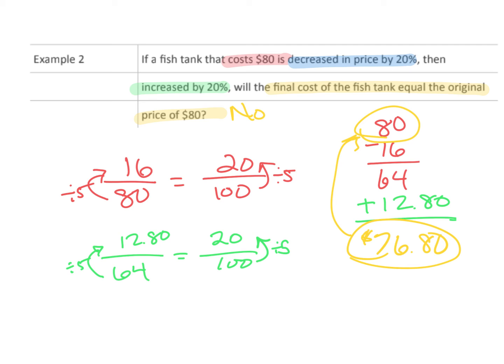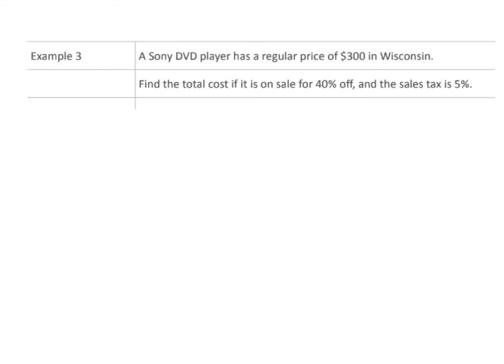So let's try a couple real-world problems. Example 3, a Sony DVD player has a regular price of $300 in Wisconsin. Find the total cost if it's on sale for 40% off and the sales tax is 5%. So let's start with the 40% off. We're going to start with our percent proportion.